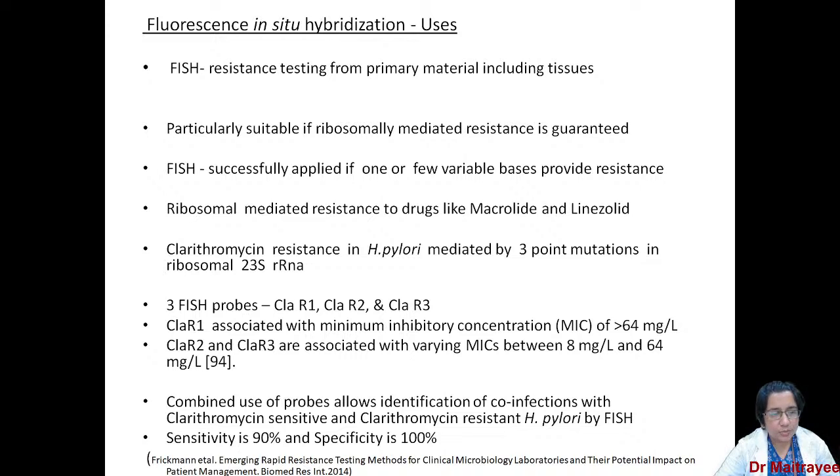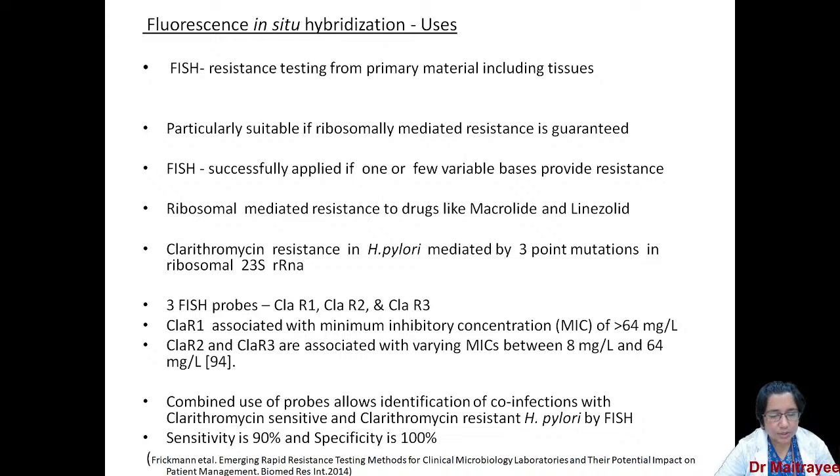Clarithromycin resistance in H. pylori mediated by 3-point mutations in ribosomal 23S rRNA can be found out with fluorescence in situ hybridization. In this, 3 FISH probes are used, CLA R1, R2, and R3. R1 is associated with minimum inhibitory concentration of greater than 64 milligram per liter.